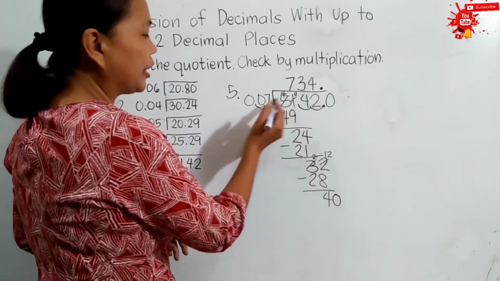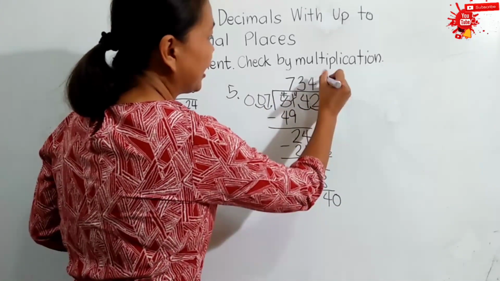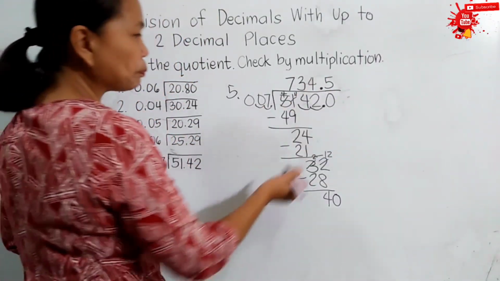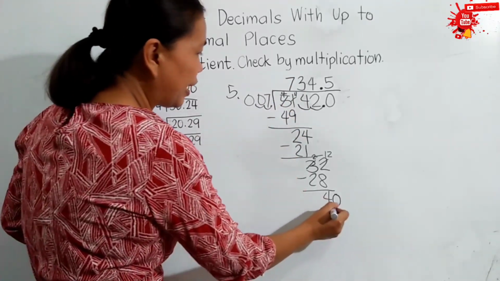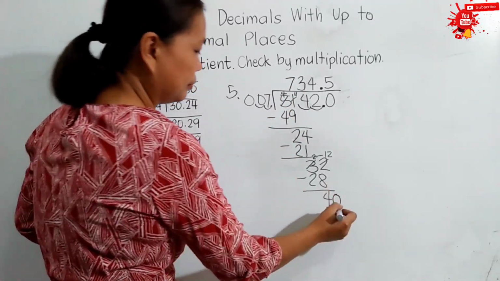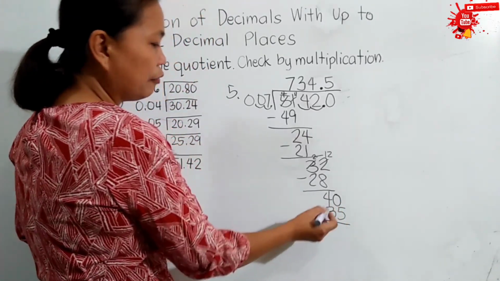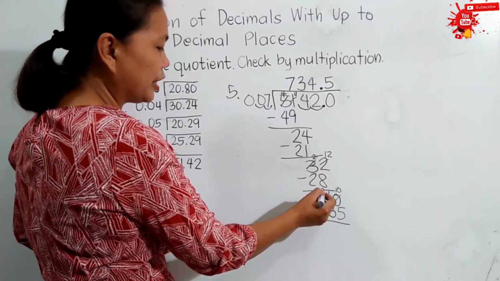So 40 divided by 7, we have 5. So ilagay natin sa tapat ng 0 kasi dun na yung biniring down natin. So 5 times 7 is 35. And then 40 minus 35, so si 0 magiging 10 ulit, si 4 magiging 3.